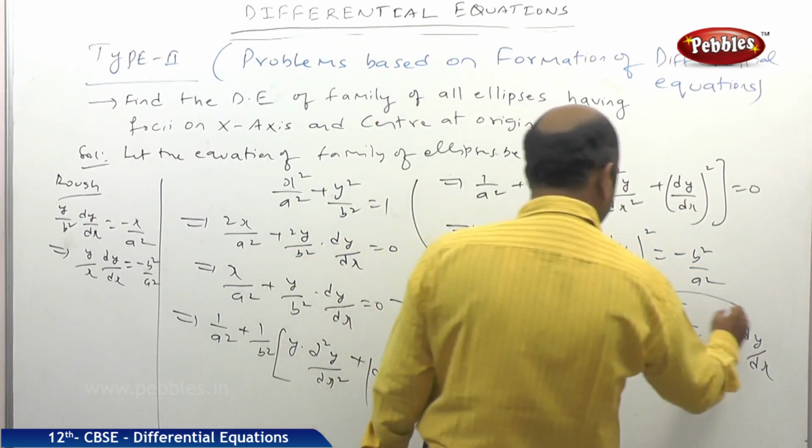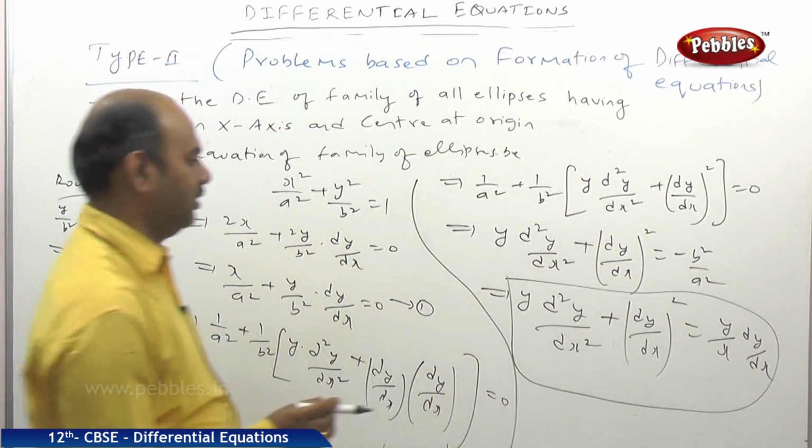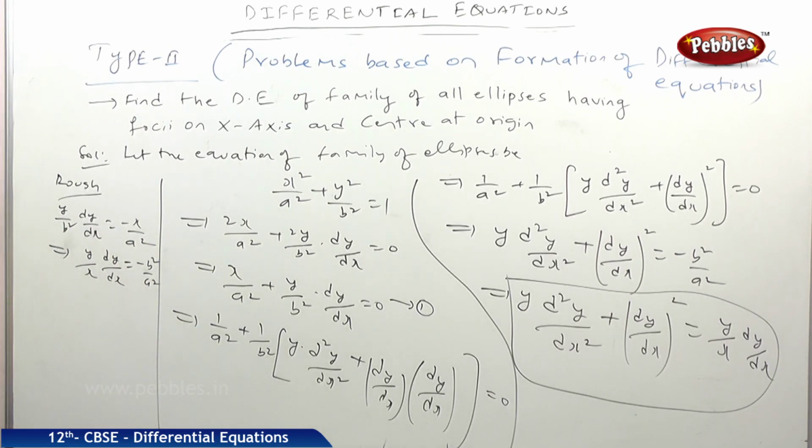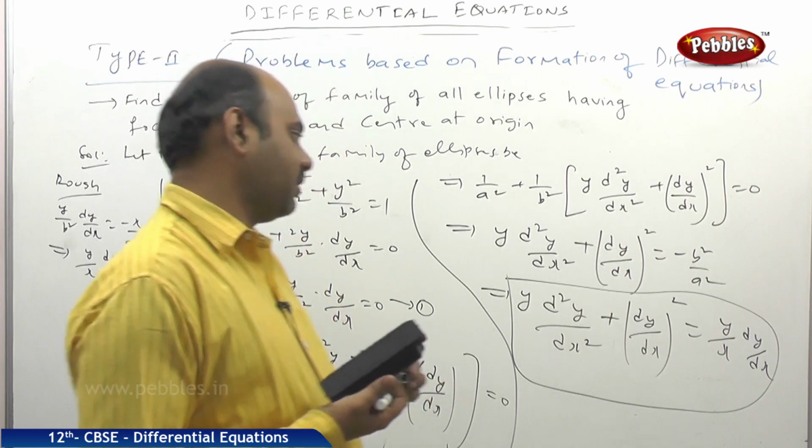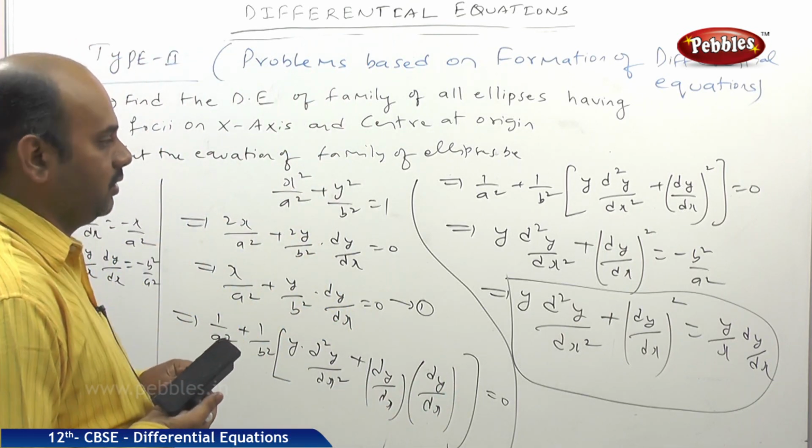The final differential equation where a and b are not involved will be y into d square y by dx square plus dy by dx whole square is equal to y by x dy by dx. Right?